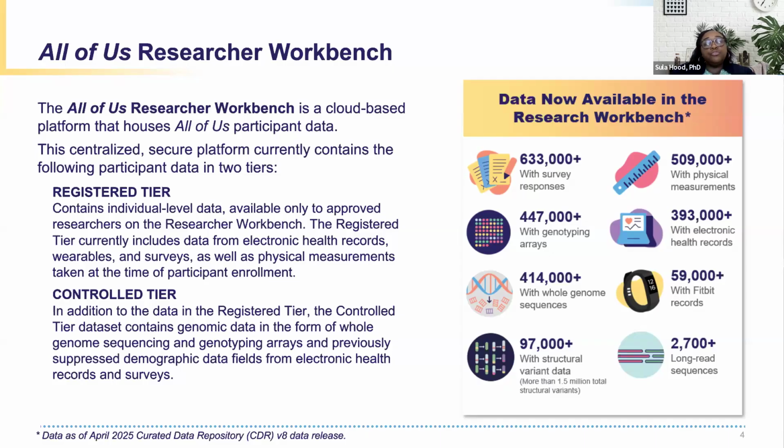And then the controlled tier houses more sensitive data, including genomics data and genome sequencing. As you can see here to the right, there's a wealth of data available for researchers to analyze and make health discoveries. Over 630,000 survey responses, as I mentioned, physical measurement data, electronic health records data, as well as genomic data.